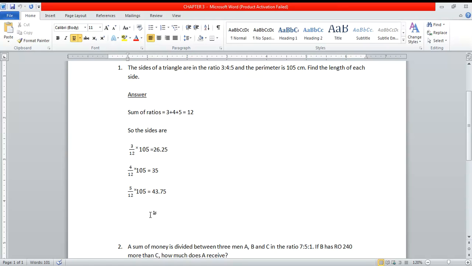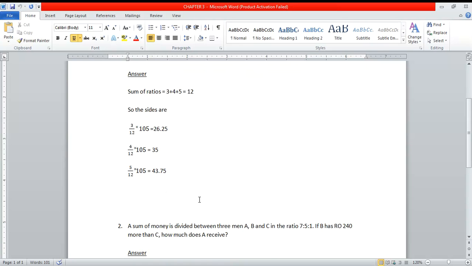So we understand that the sides are 26.25, 35 and 43.75 centimeters. The first side is 26.25 centimeter, the second side is 35 centimeter, and the third side is 43.75 centimeter.